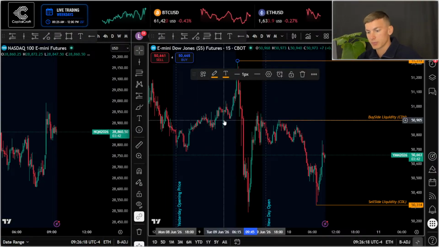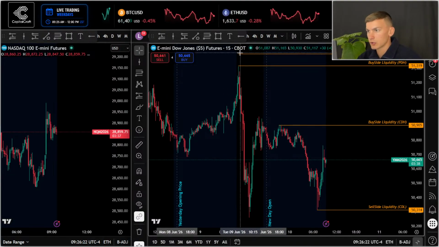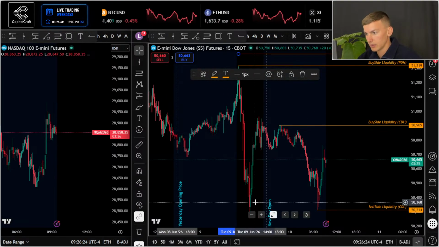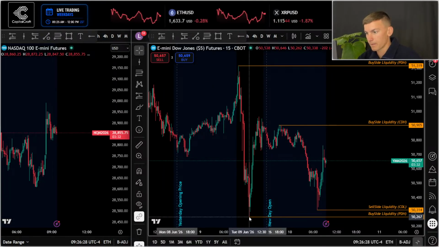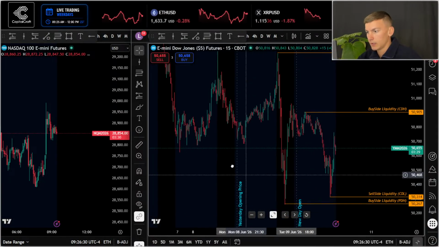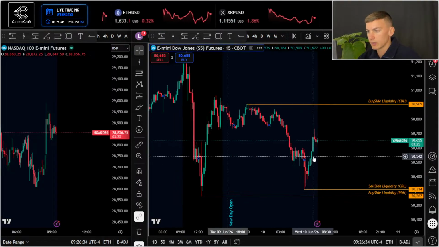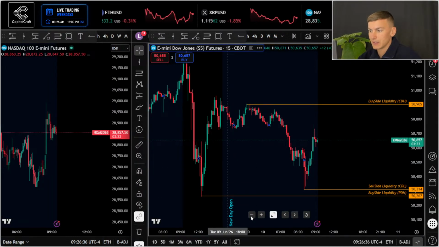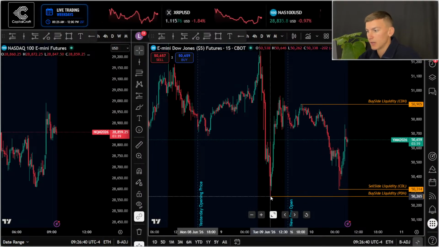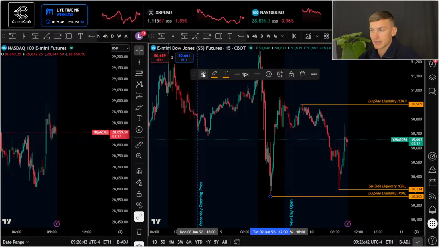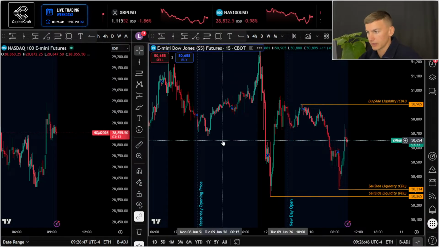We are going to say that is previous day high. We're going to copy that, then shoot it down all the way here to previous day's low. The reason I'm doing that is because we are still trading within yesterday's range. Ideally, we will see a breakout in either the buy side or sell side, as well as previous day's high or low. Okay, so we've gone ahead and done that.